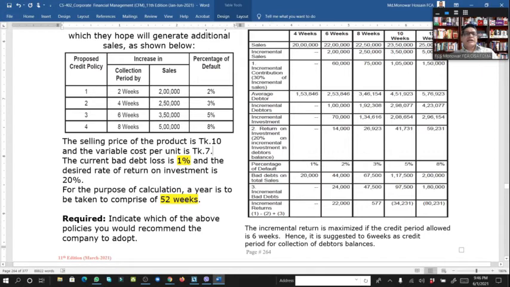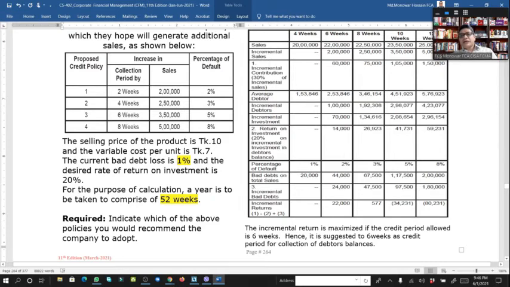After calculating, the percentage of default is 1% at present, but it would be 2% in the new proposed policies 1, 2, 3, this way. Taking all costs, we calculate the incremental return.